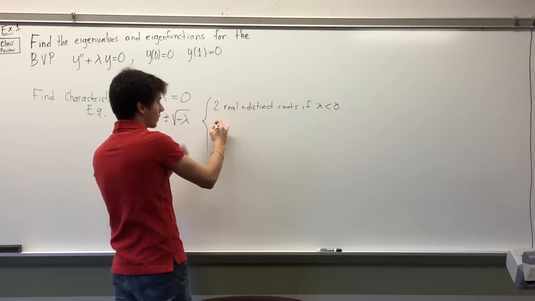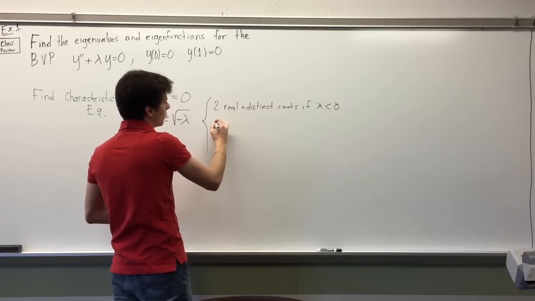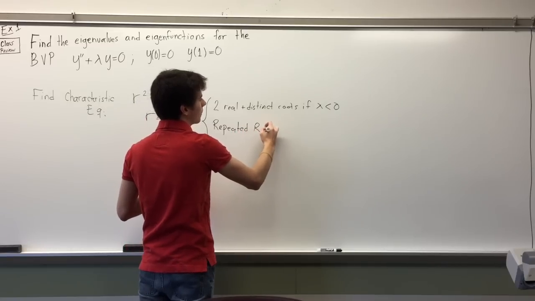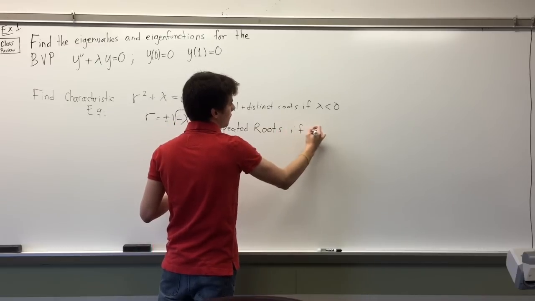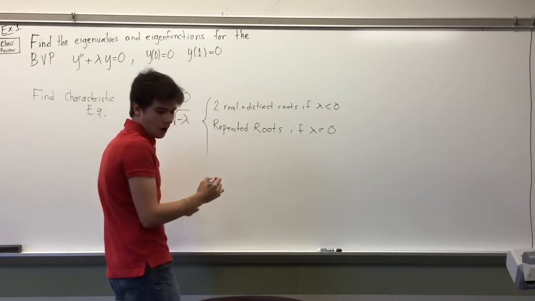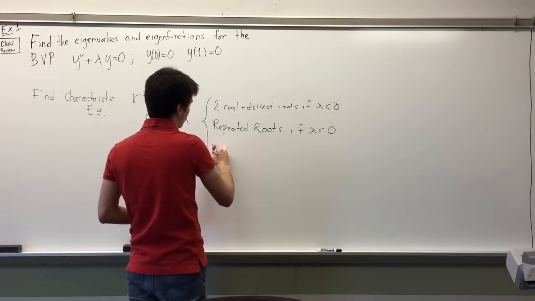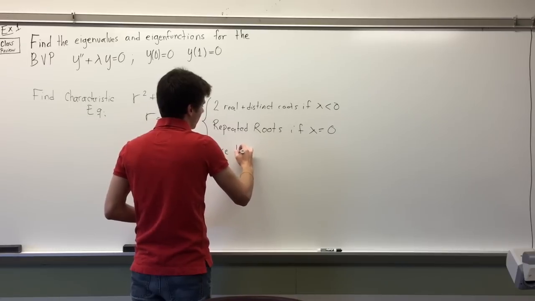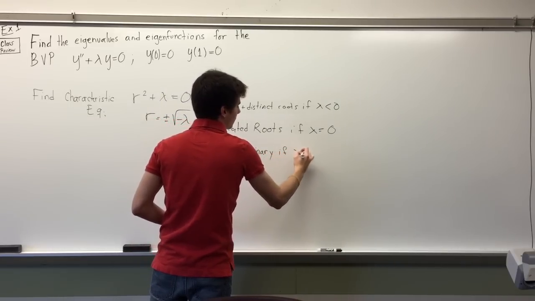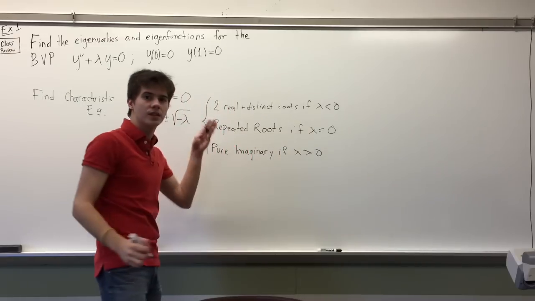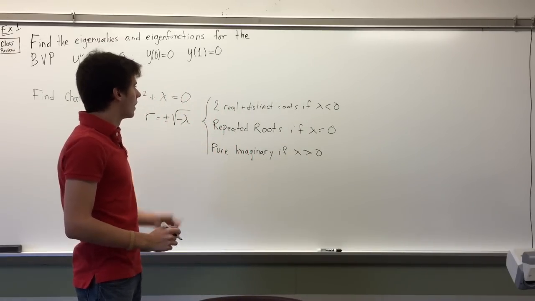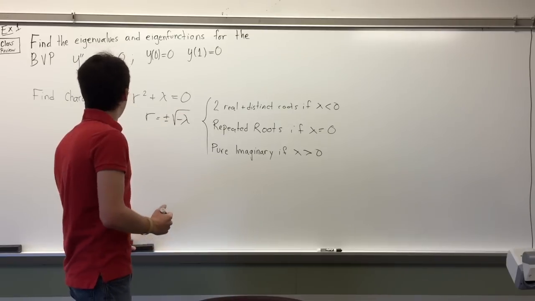We have repeated roots if lambda is equal to 0, and we have complex roots, pure imaginary, if lambda is greater than 0. So we have these three cases and we have to consider them one by one. So let's start with the first one.